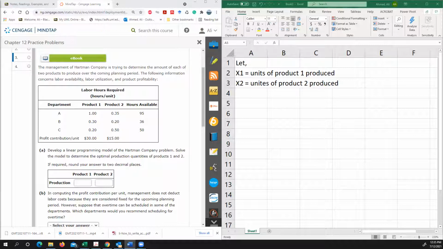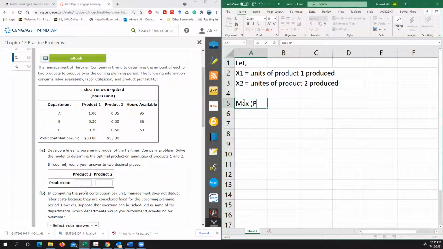Another thing we can do here is put some constraints. Subject to, so I'm putting ST. Well, before going into subject to, we can actually make the function.